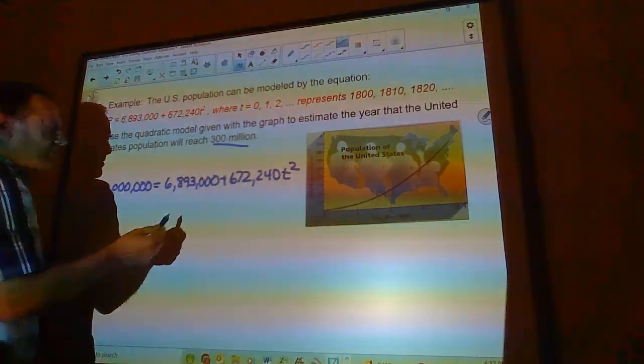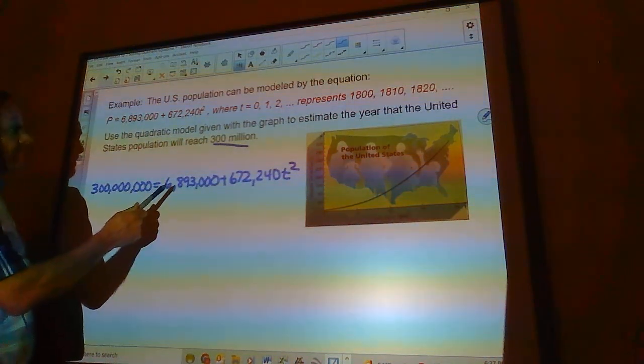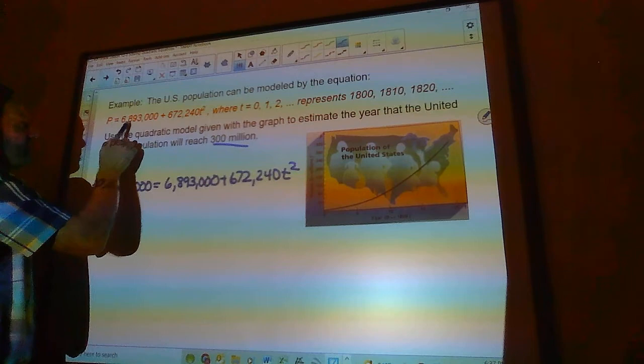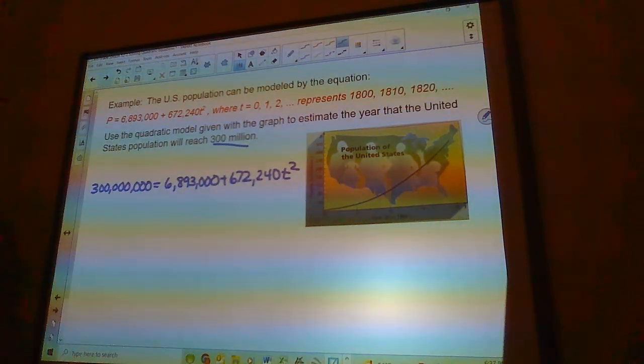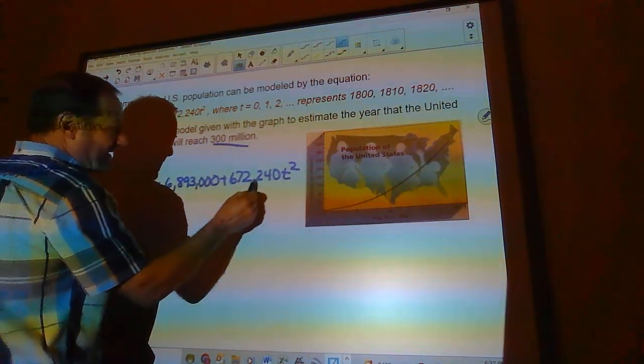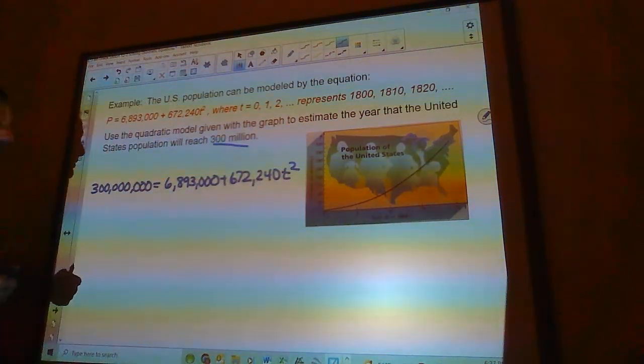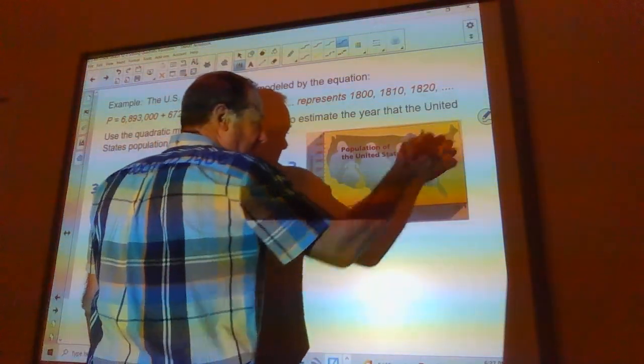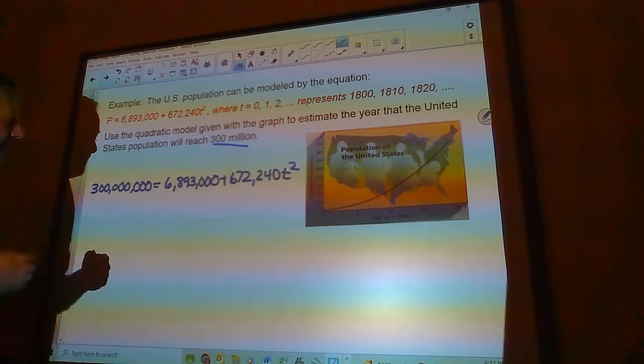Now, what does this equation mean? Well, in year 0, if I plug a 0 in here, that would mean that the population was 6,893,000. That would be the year 1800. And then it's adding about 672,240 times t squared. So this is increasing at an increasing rate here.